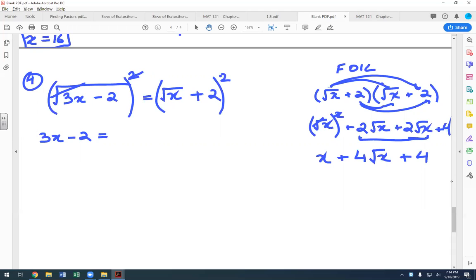So this is what your right-hand side cleans up into, and this is all just scratch work. So you end up getting x plus 4 times square root of x plus 4. This is what your right-hand side will clean up into. Our goal at this point is to isolate that remaining square root of x. Okay?